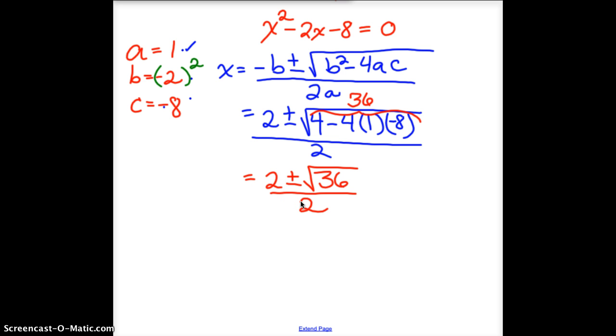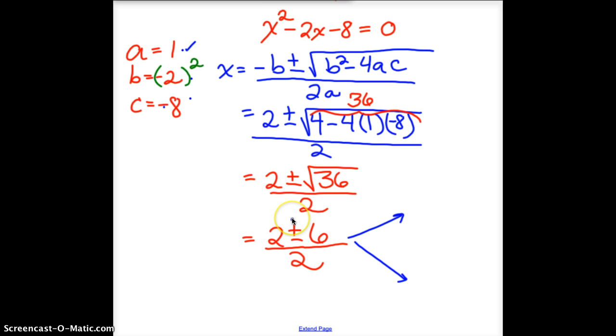And now I simply take the square root of 36, which is exact. Again, if that was square root of 37, I just go to my calculator and I'd round to the nearest hundredth, and I'd continue the process in identical fashion. I would just have some decimals coming along for the ride also. So I'm at 2 plus or minus 6 all over 2. And at this point, this is where I branch off and get my two answers.